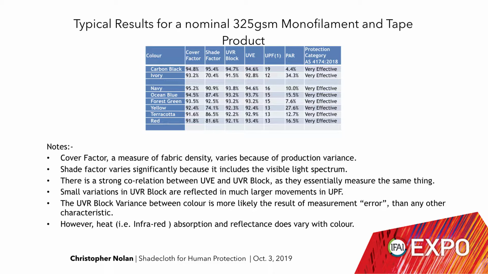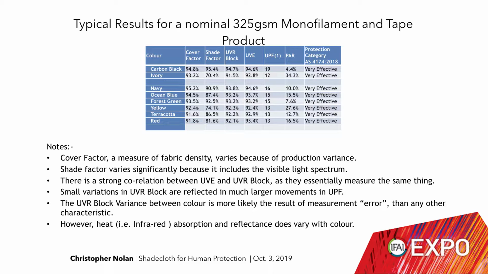If you look at the shade factor, remember, it includes the ultraviolet plus visible light spectrum, and you can see that with the colours there is a very significant variation in this factor. Now that's explained by the fact that the reason we see colour is that some radiation is absorbed and the colour we actually see is reflected.